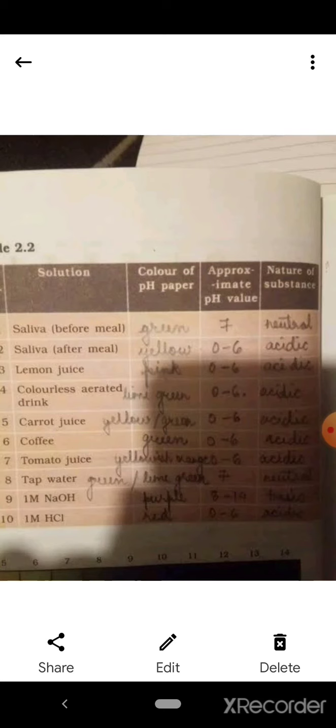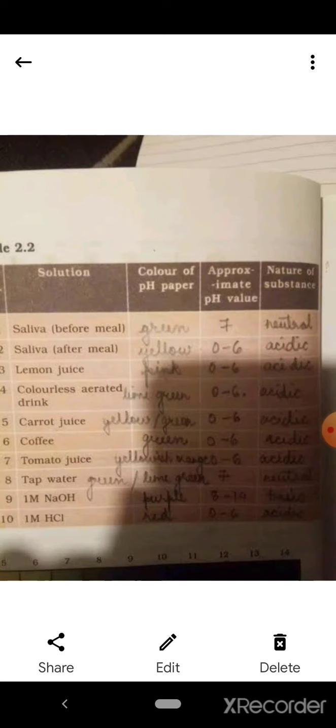Now 1 molar of sodium hydroxide, that is NaOH, or HCl, both are, see, NaOH. OH means what? It will give the OH minus ion if it is taken in aqueous solution. It means it is alkaline in nature. While HCl will give H plus ion, that is, it is acidic in nature.